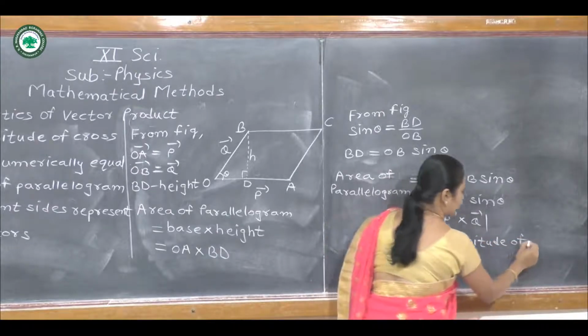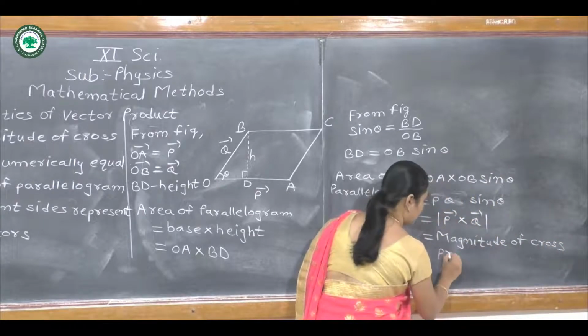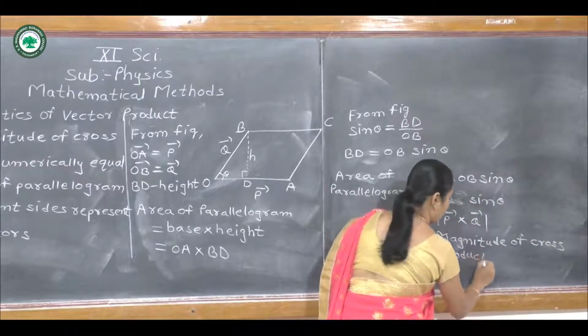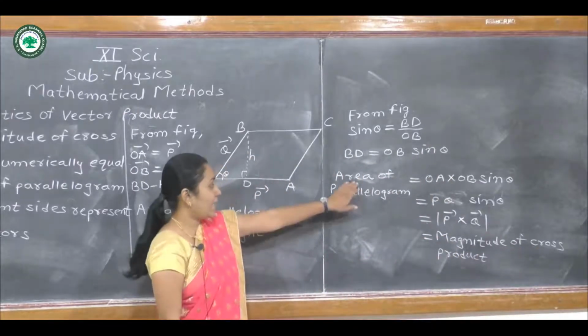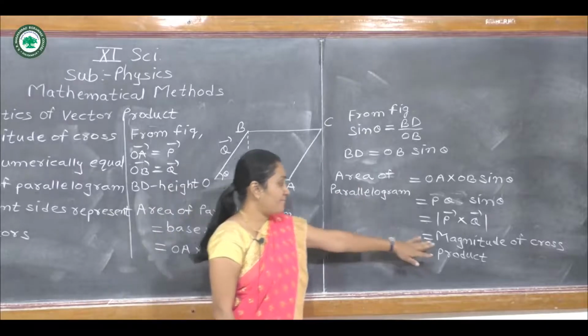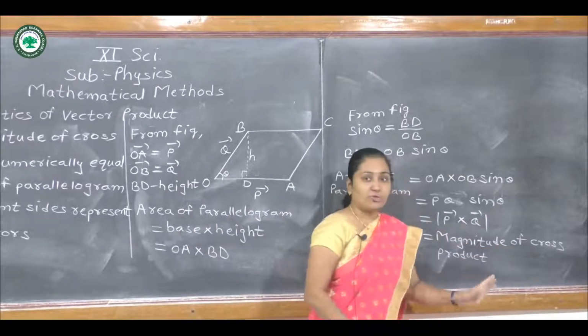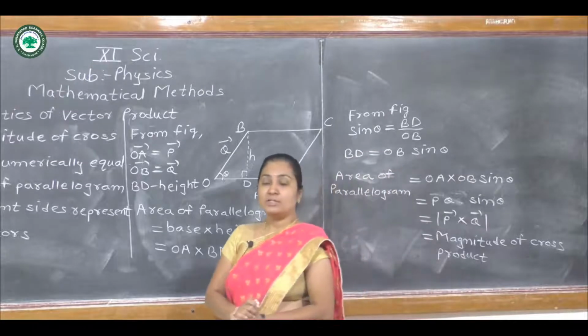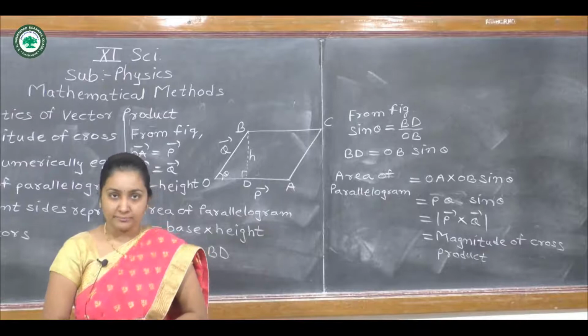So we can prove that the area of parallelogram is equal to the magnitude of cross product. So this is the sixth characteristics of vector product.